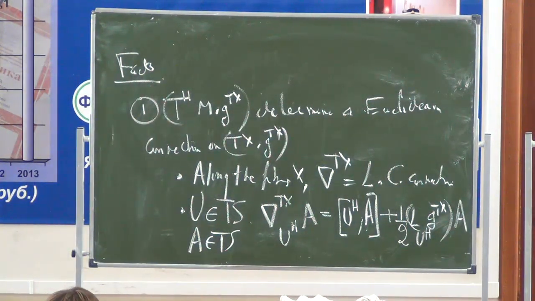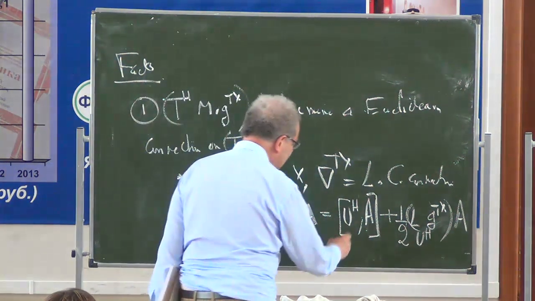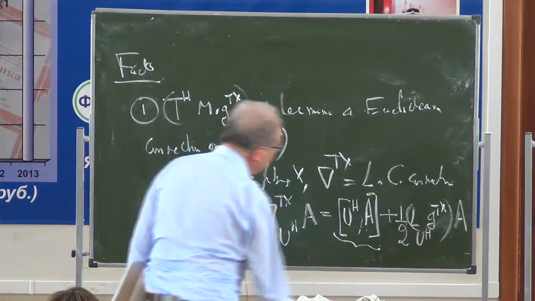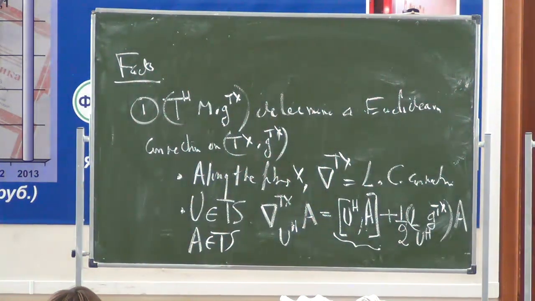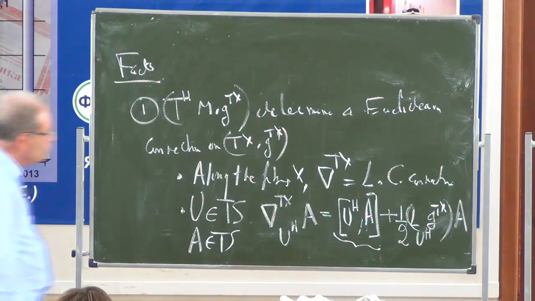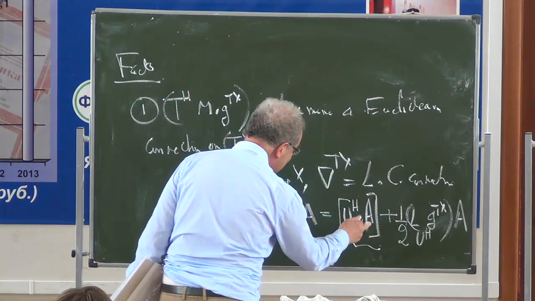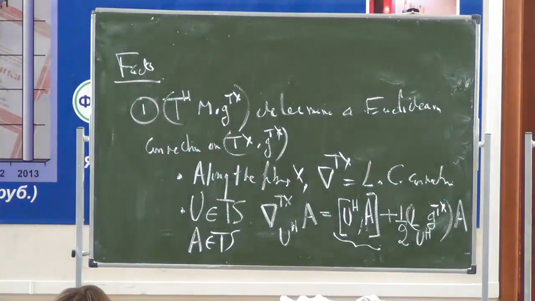In other words, you could just use this term, U^H A. As I explained last time, this Lie bracket is indeed tensorial in U, so there is no problem there. But the difficulty is that this does not define a Euclidean connection.